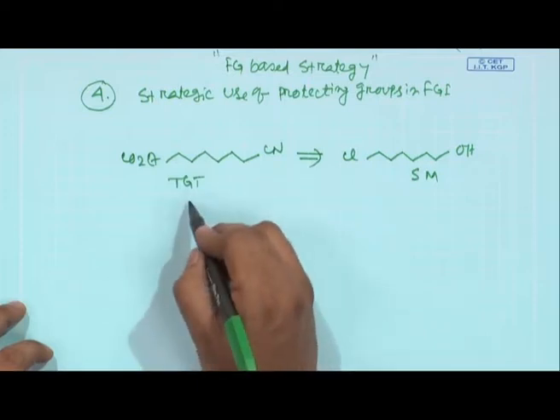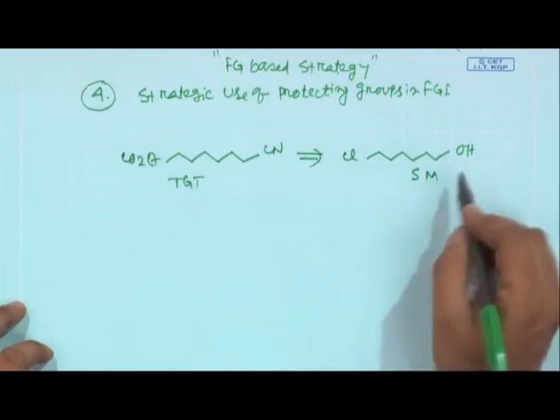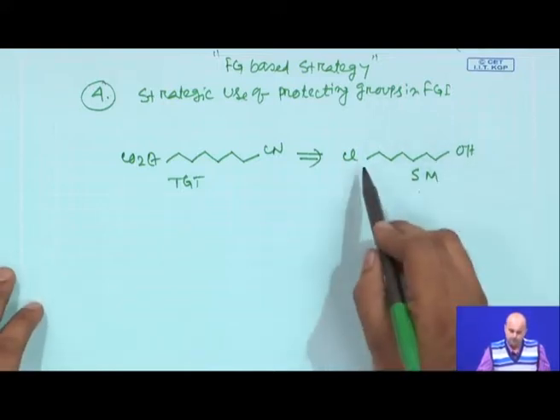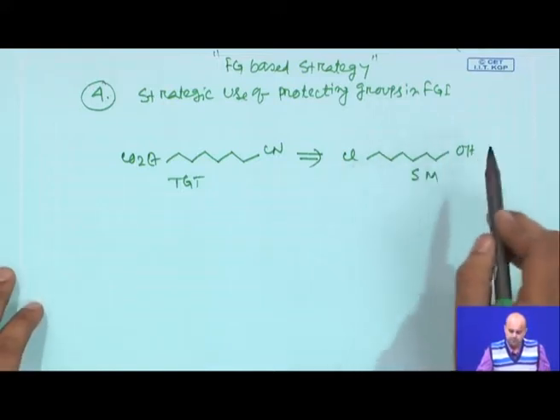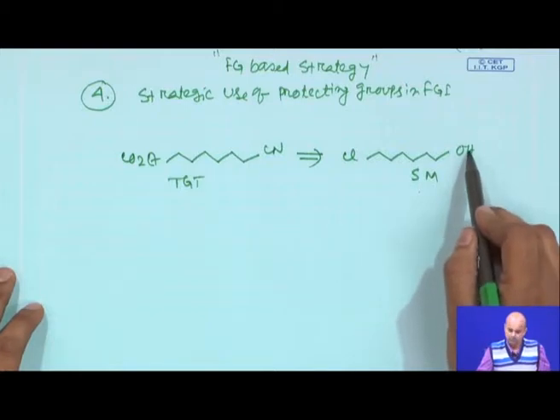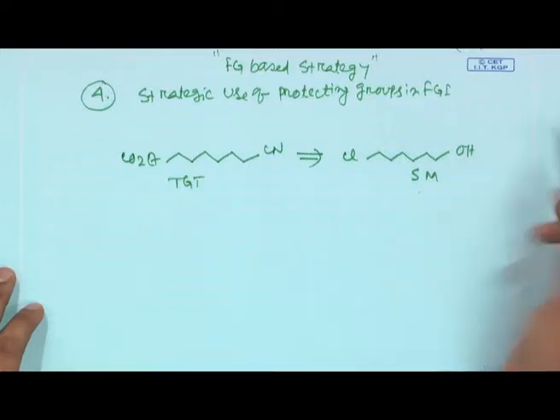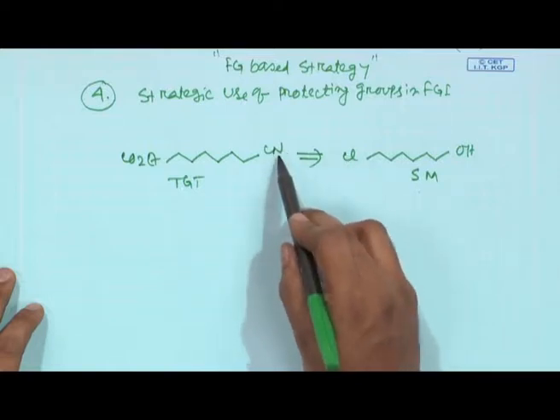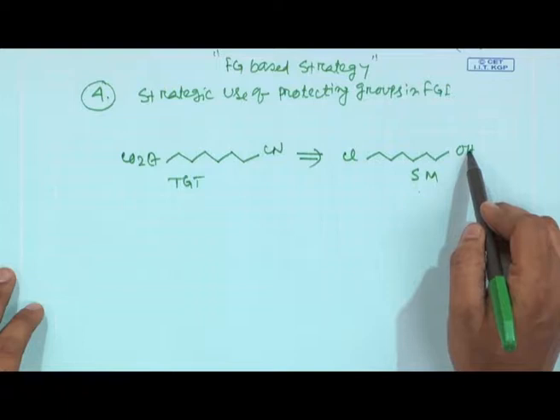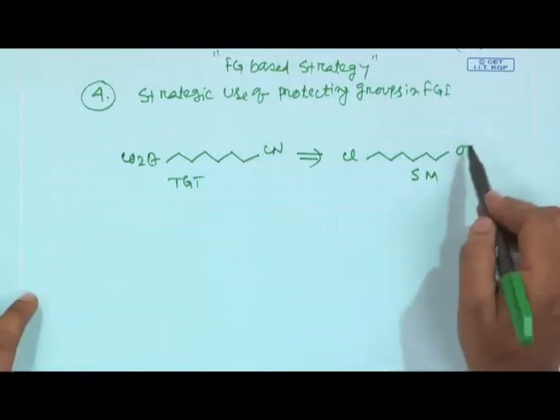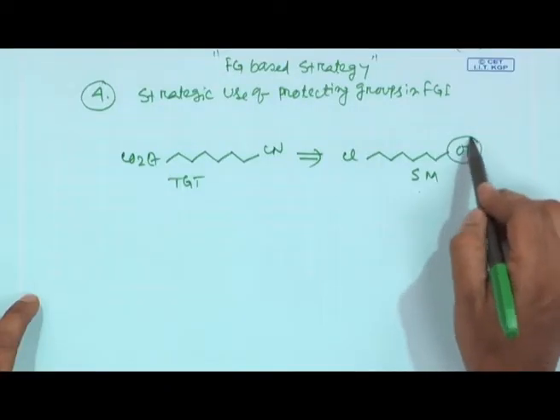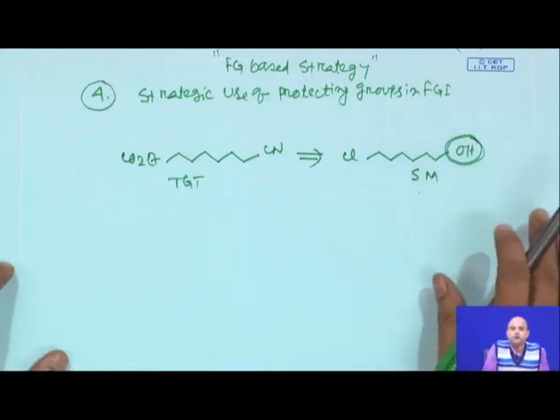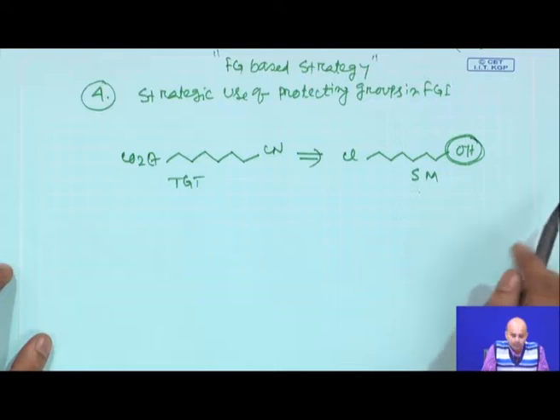Now, the straightforward way to solve this problem is basically, how you can do it. You can think about converting the chloro to the corresponding cyano and then converting this OH to the ester. But the main thing is this free OH probably is not compatible with some of the reactions we will be talking about.